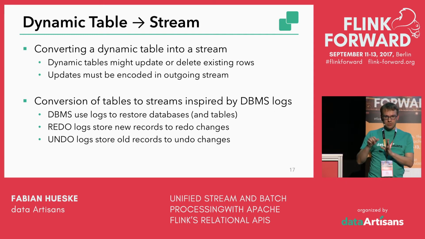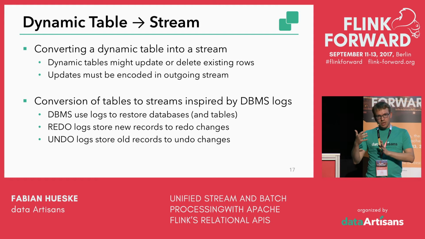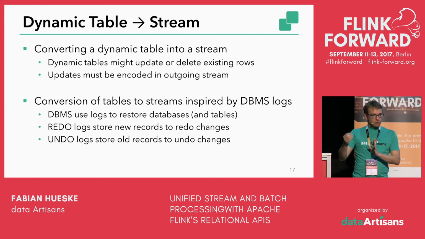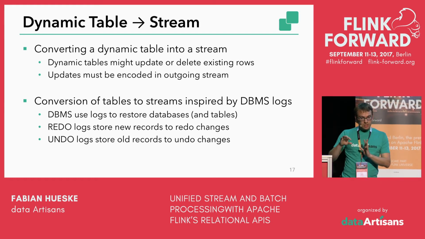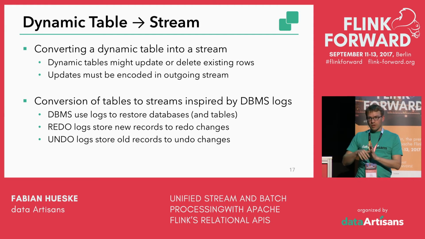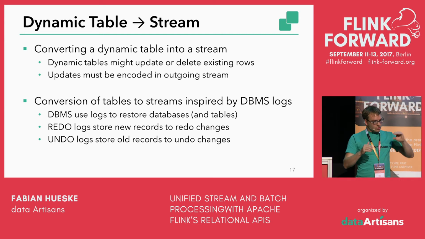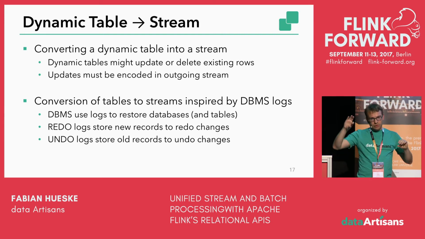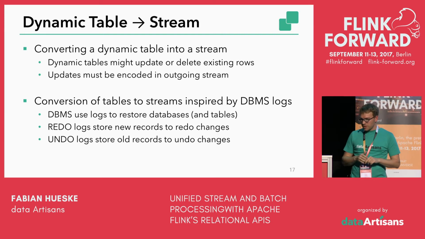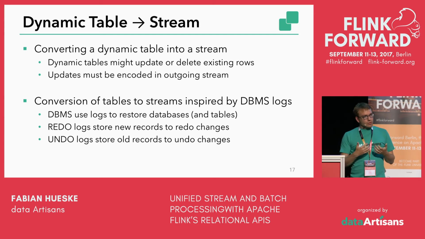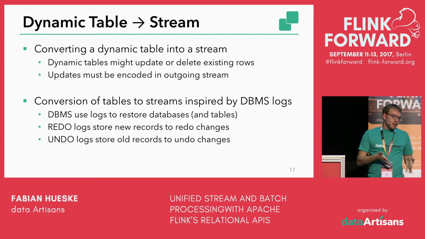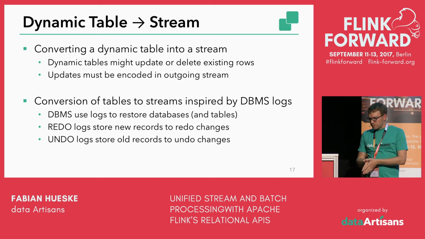So it has to somehow indicate to the downstream system that a previous value has become invalid, and there is a new value. If you think of the first aggregation query, whenever we saw a new record for some user, we had to increase the count for this one, right? So these updates somehow need to be encoded in the downstream system.